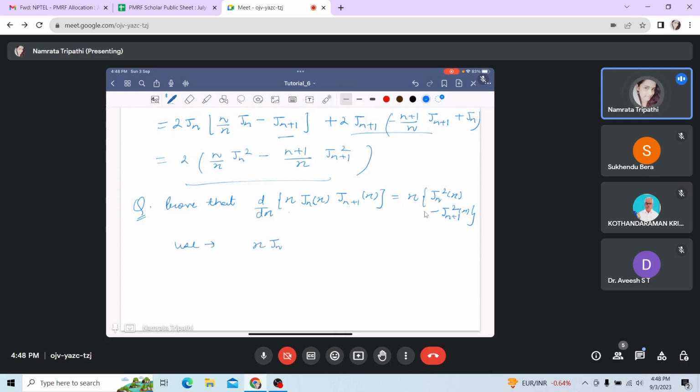After differentiating this by parts, letting this is first, this is second, and you have to differentiate by parts, and after differentiating you have to use the recurrence relation.